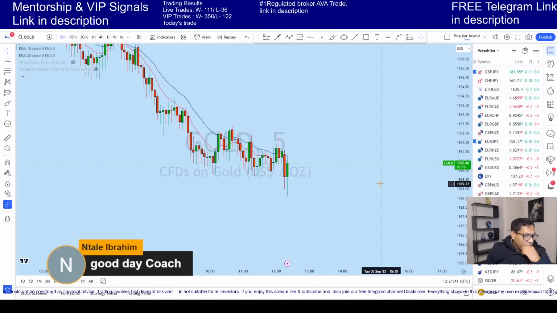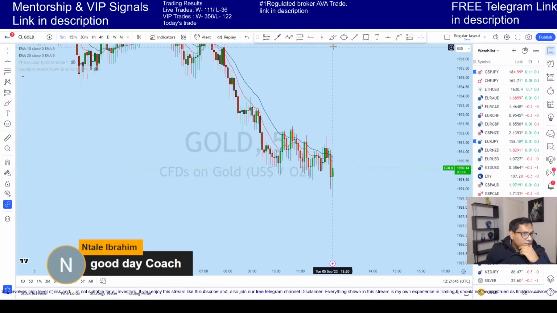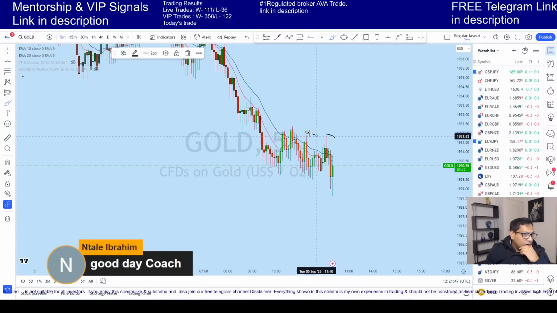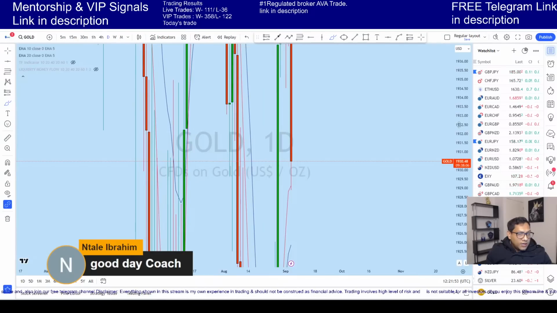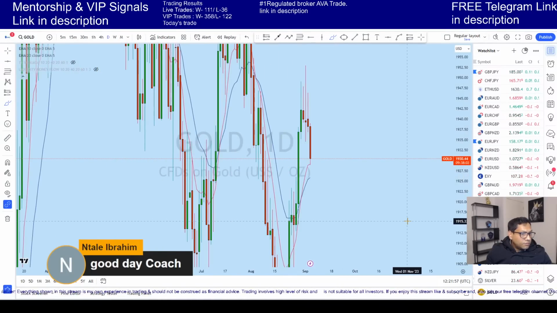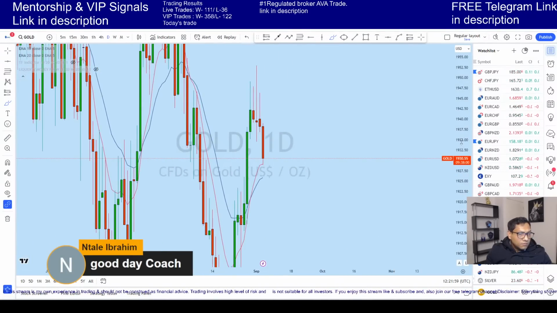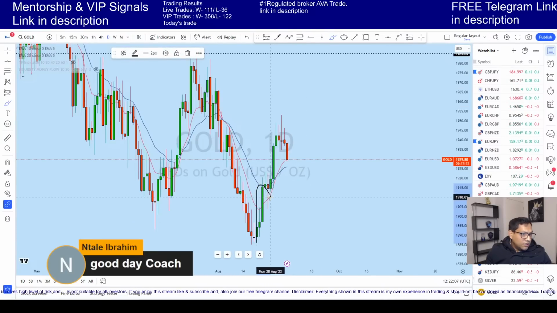Alright, so here what you see is that from this level the price is creating a series of lower highs, which is still maintaining the downtrend on the lower time frame. Now looking at daily, we see that it's still maintaining the trend.